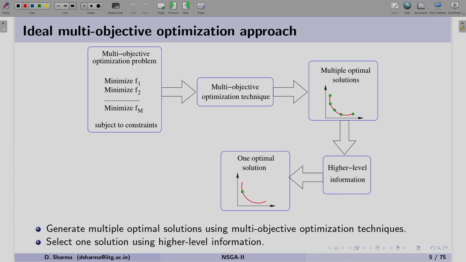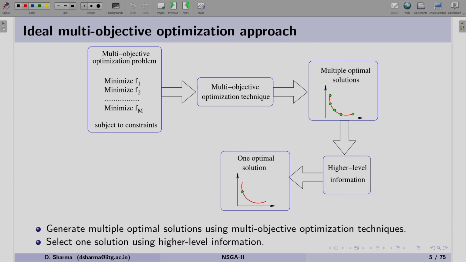Since we are familiar with this particular multi-objective formulation, we know that there are two approaches to solve the given problem. The first approach is the preference-based approach, in which the classical multi-objective optimization methods convert the multi-objective problem into a single objective problem.